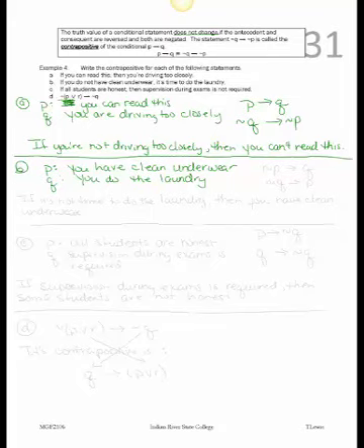It says here, if you do not have clean underwear, so we would say not P, if not P, then it's time to do the laundry, Q. Okay, so how would you write the contrapositive? We would say, reverse Q and P, and we're going to negate it. So you're saying, if not Q, then P.